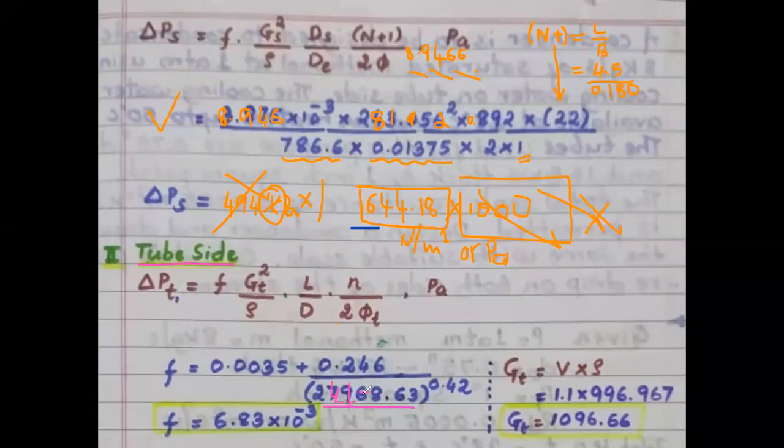I'll write it here, 24121. So this is the value here, 0.38. Okay, write this value and get the value of f.